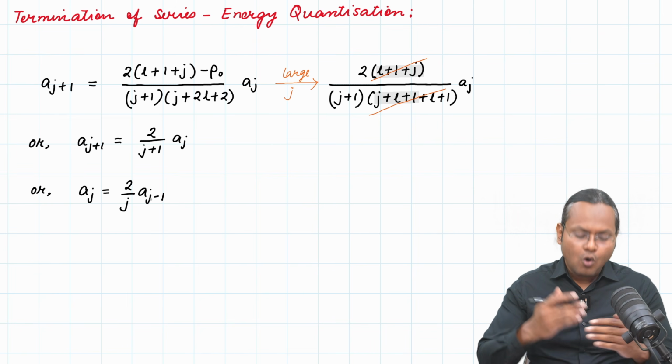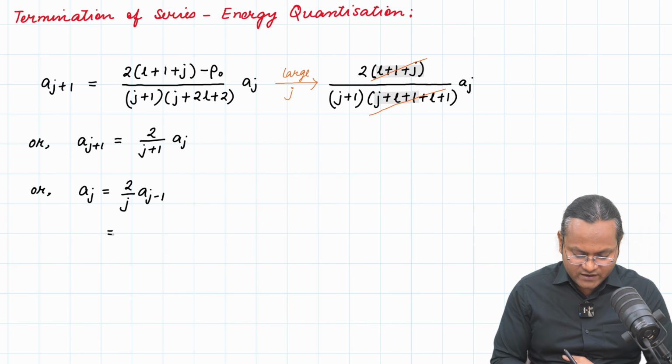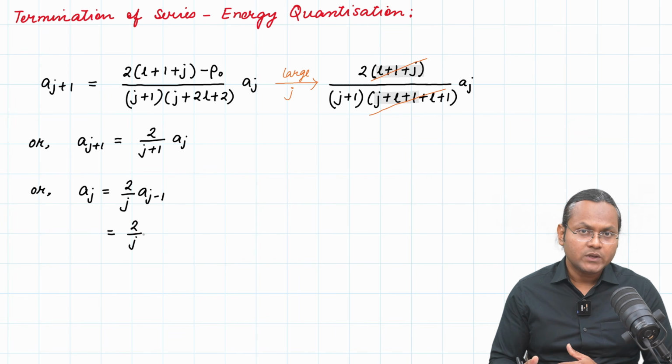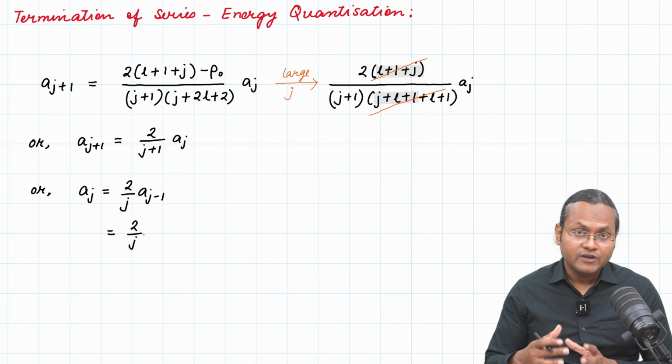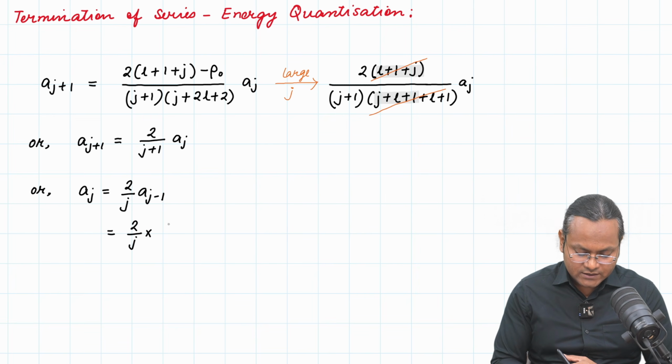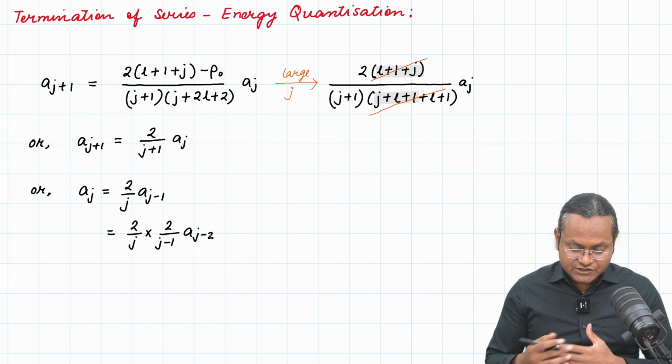What if I go all the way backwards? It is 2 upon j, but what about a_{j-1}? It will also have a recursion formula that can be written as 2 upon j minus 1 a_{j-2}.